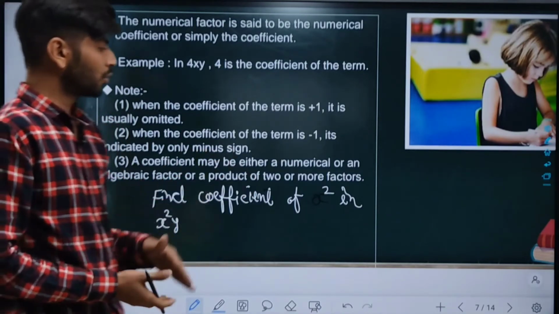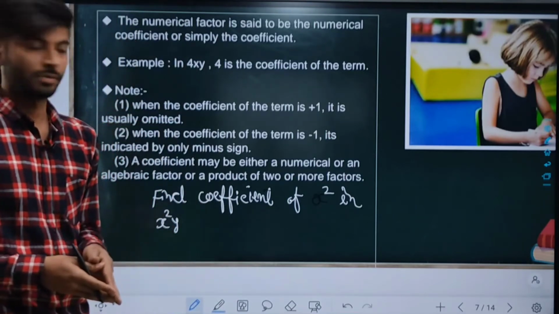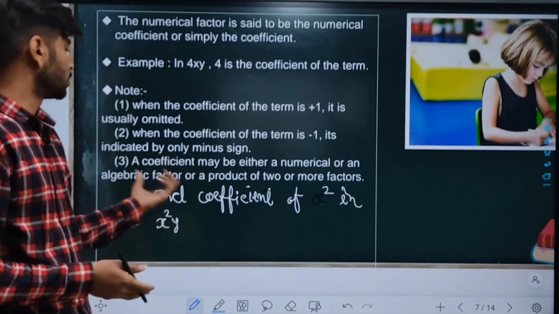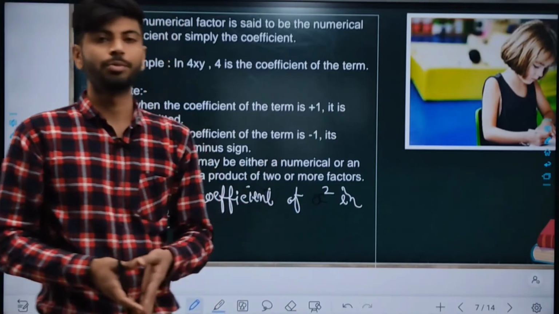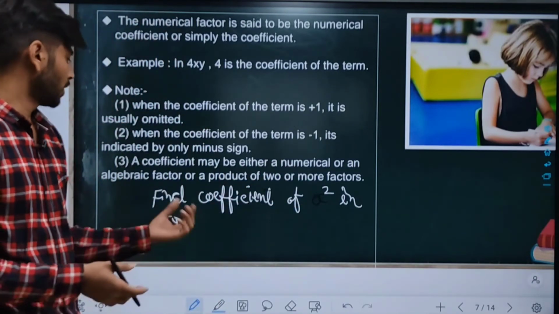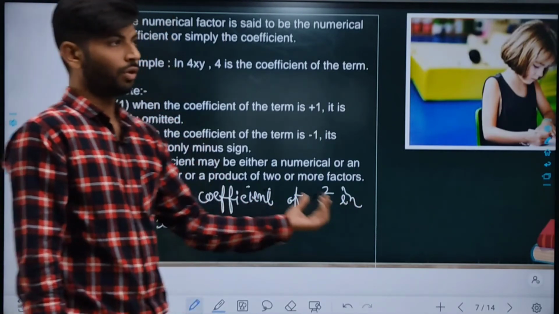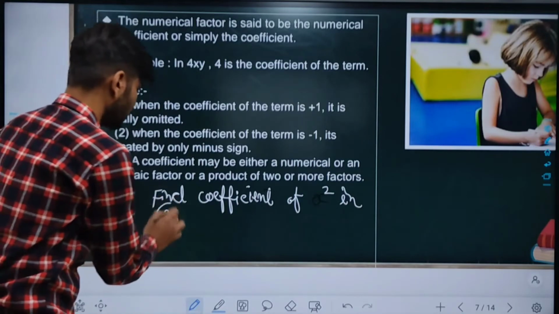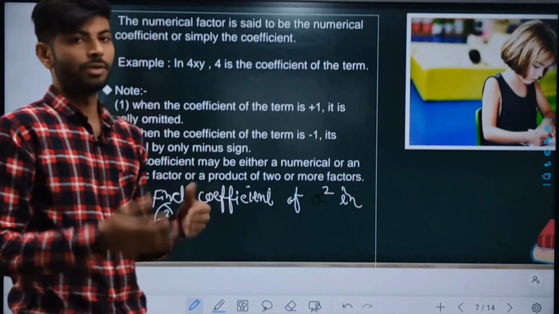So what will be the coefficient? Will it be a numerical value, an algebraic factor, or a product of two or more factors? In x square y, for the coefficient of x square, we will not take x square but the other factors which are multiplied with x square.